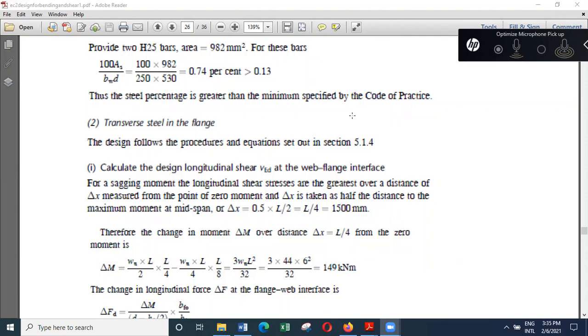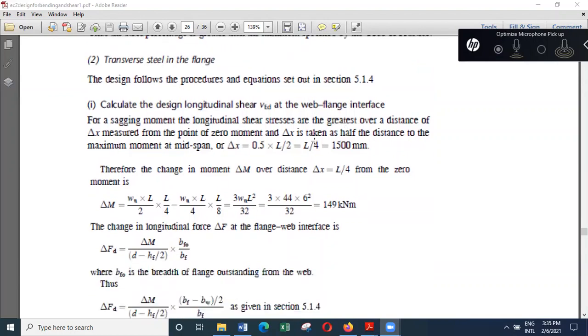So the maximum change in the bending moment occurs from 0 to L/4 from the support. So the change in the longitudinal force at the flange-web interface is given by the change in moment divided by the lever arm.